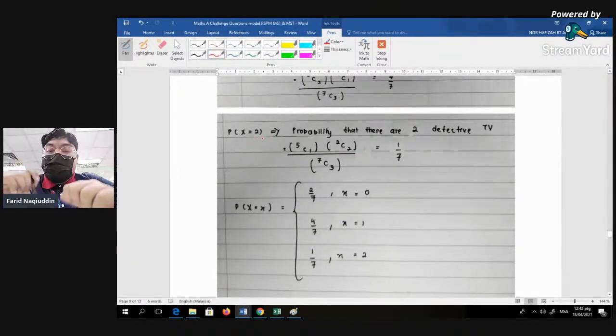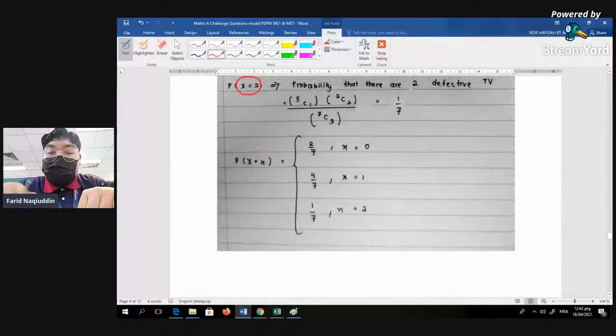So 5C1 multiplied by 2C2, and we divide by 7C3. The answer is 1/7. So the last step is we write the PDF as shown below.